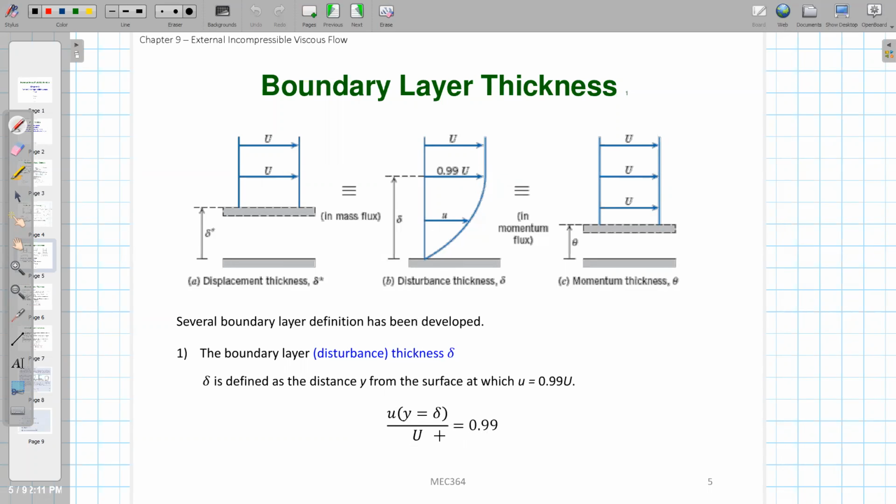This is the most common way we define where the boundary layer is and where it is not.